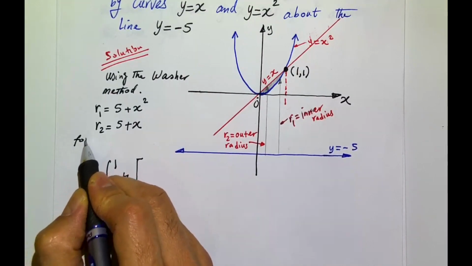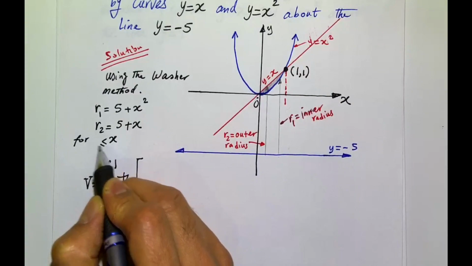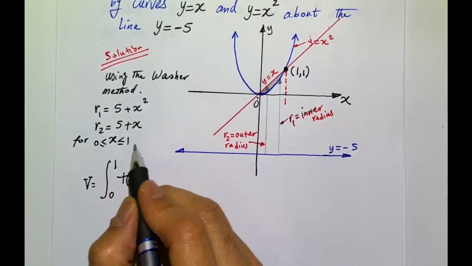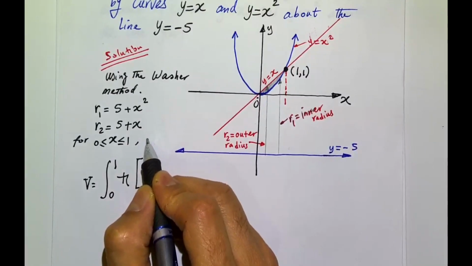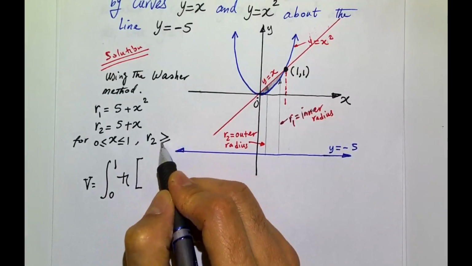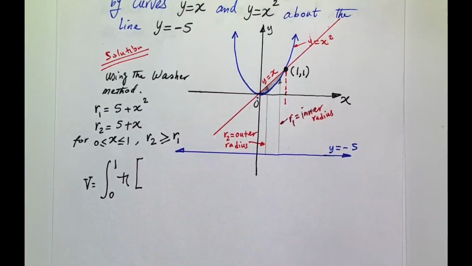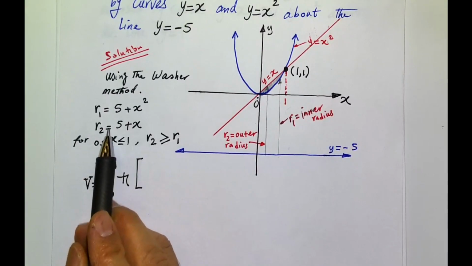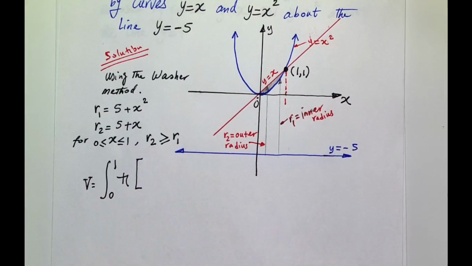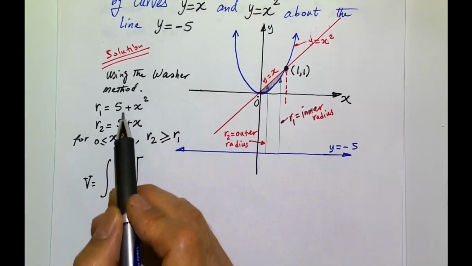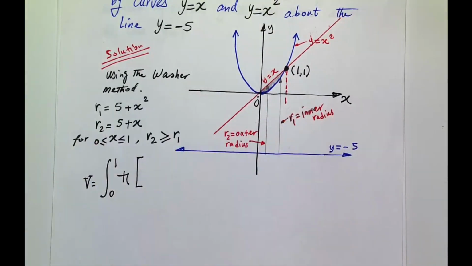So for x between 0 and 1, R2 is greater than or equal to R1. Just remember that. So that's why this is the outer radius, and the smaller value would be the inner radius.